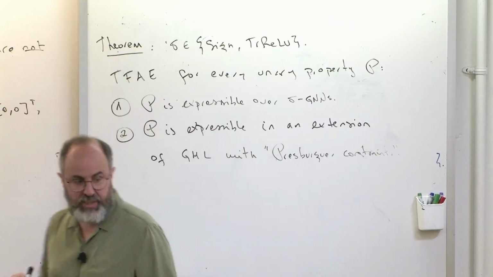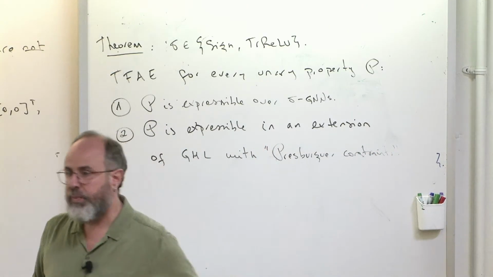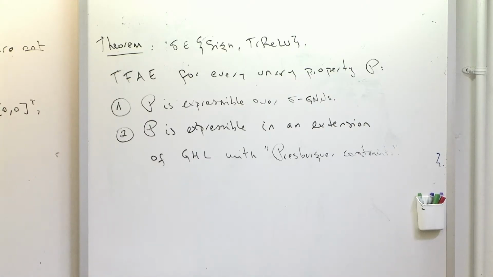And what are these Presburger constraints? It's precisely these kinds of properties, right? I can do a linear combination, and check whether a linear combination of the cardinalities of some things is bigger or equal than something. So in this logic I can check, for instance, whether the number of neighbors labeled 1 is larger than the number of neighbors labeled 2.